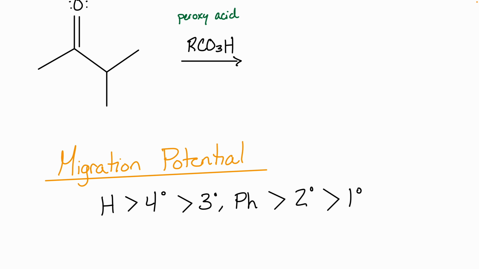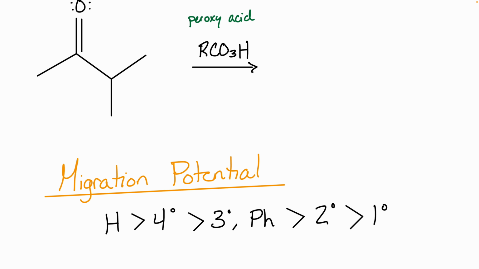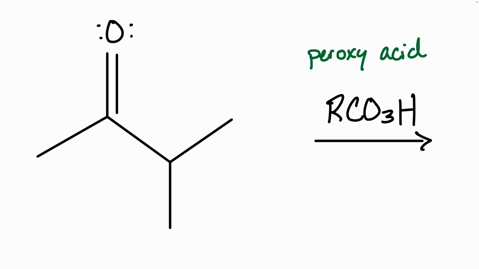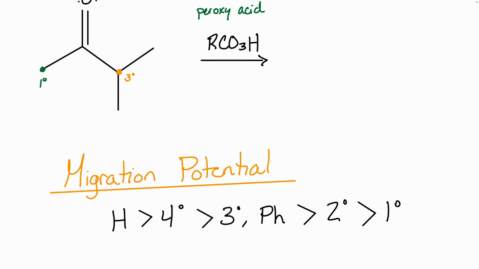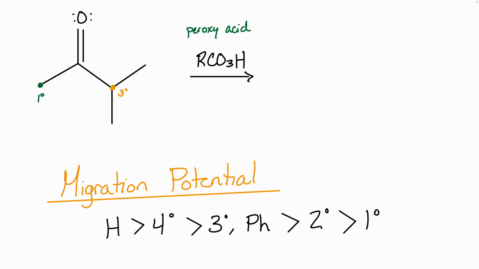So in order to figure out where my oxygen's going to go, I'm going to look at these 2 carbons that are bonded to that carbonyl carbon. This one's a primary carbon, and this one's a tertiary carbon. So which one has the greatest migration potential? The tertiary is higher on my list here. That means that the oxygen is going to insert itself between that tertiary carbon and the carbonyl carbon.